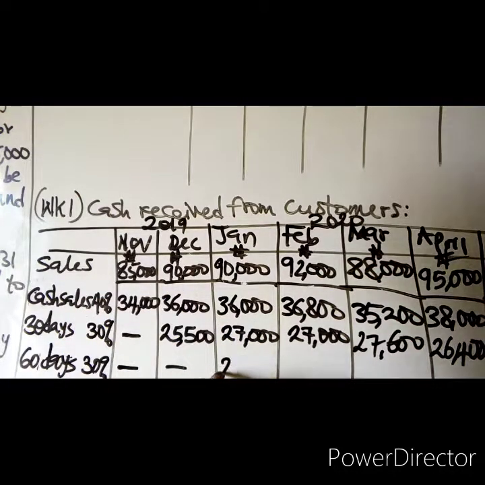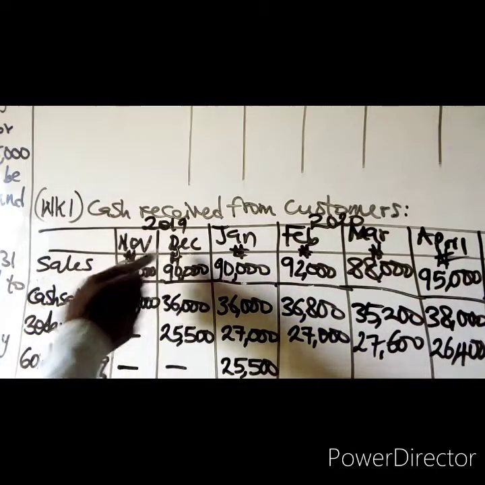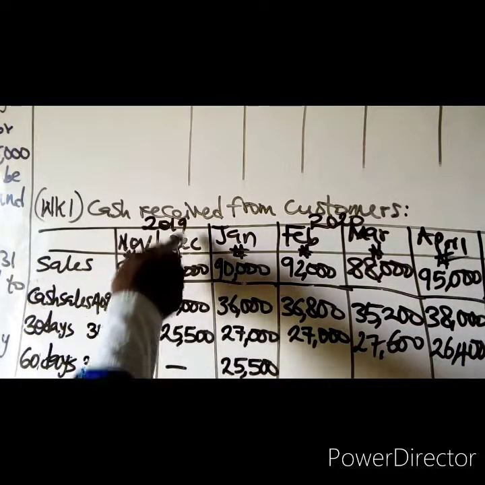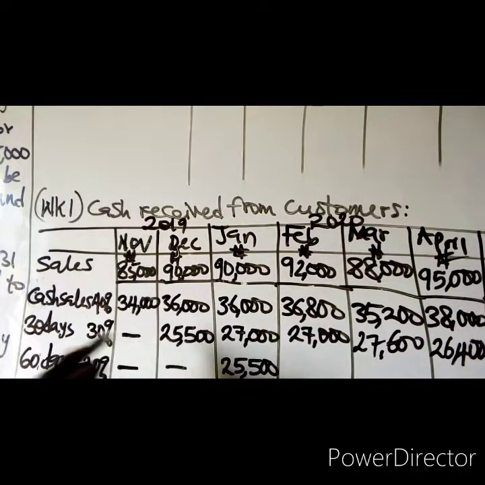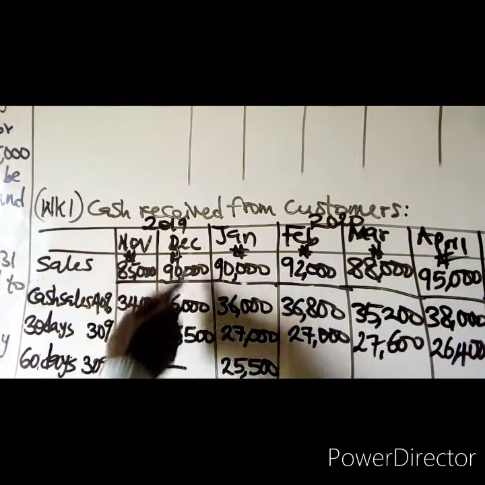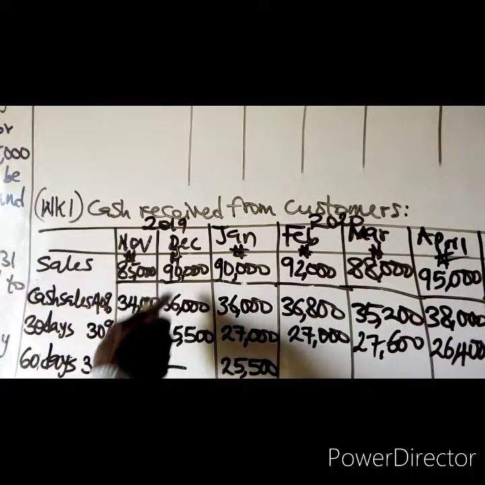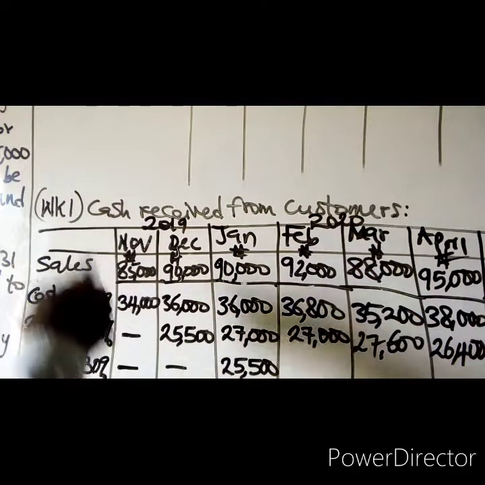That is 25,500. Then the sales that was made in December 2019, the sales is 90,000. 30% of it is 27,000, and that will be received in 60 days time.